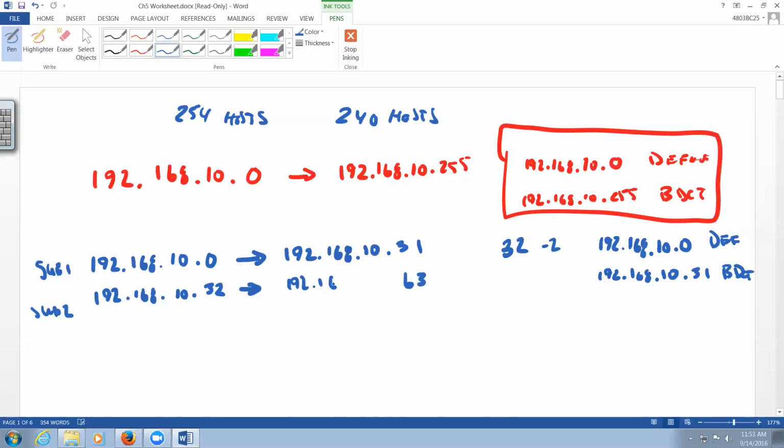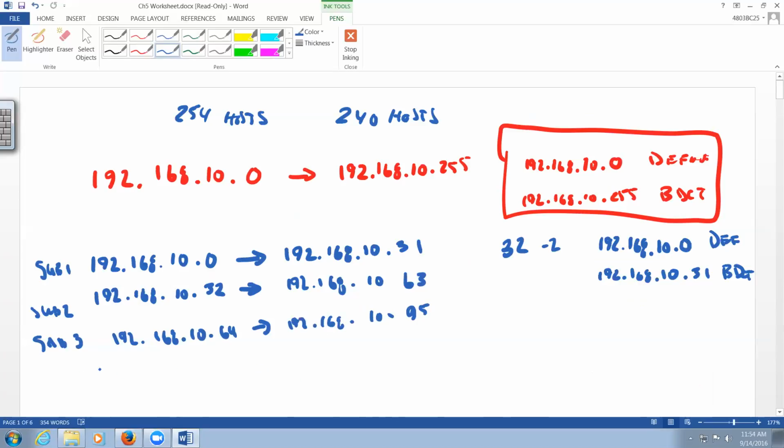All right. So what do you guys think is subnet 3? Let's do subnet 3. 192.168.10.64, and we're going to add what? 31 to that. So it's going to be what? 95.